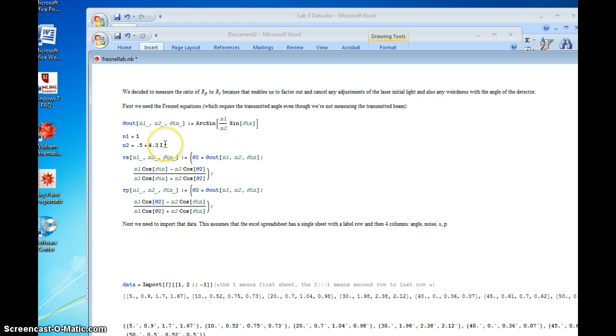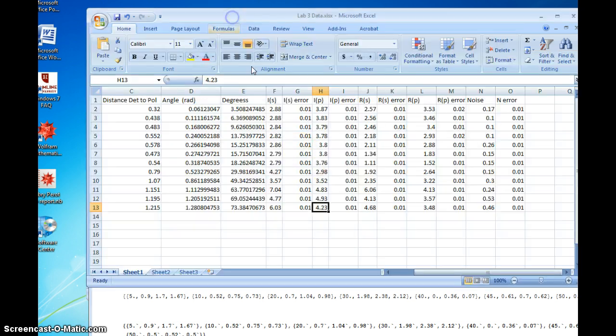The other thing that was really different is that in the previous lab, we just measured the reflected light, reflected S and reflected P. But that didn't take into account that the apparatus is super sensitive.